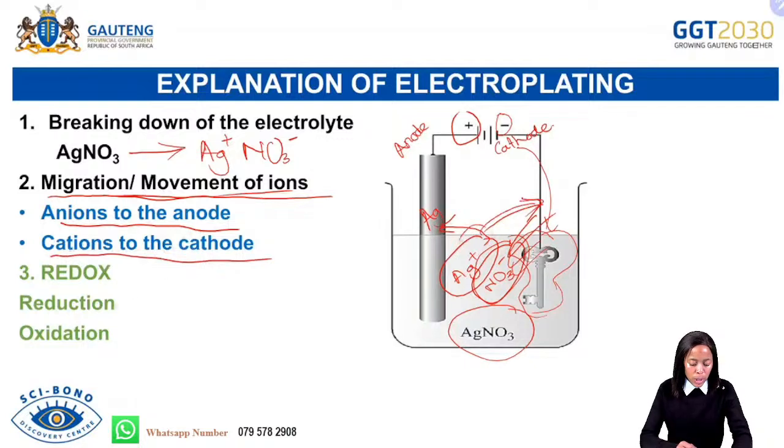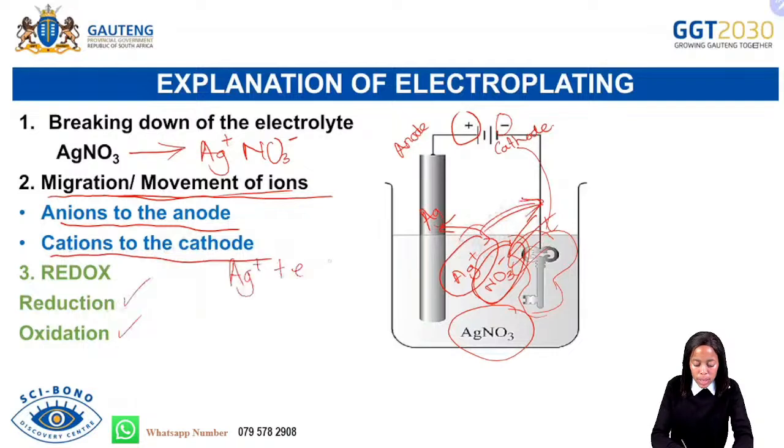Then number 3, we need to talk about what? Reduction and oxidation. So if we talk about reduction and oxidation reactions, it means that you are going to look at your table. And if you look at silver on your table, you will see that the silver is written in this way.